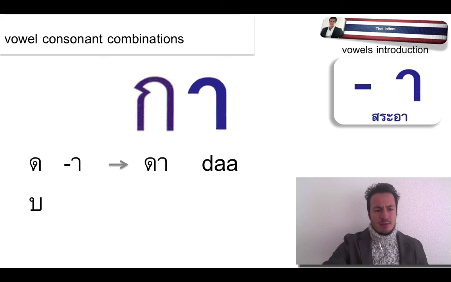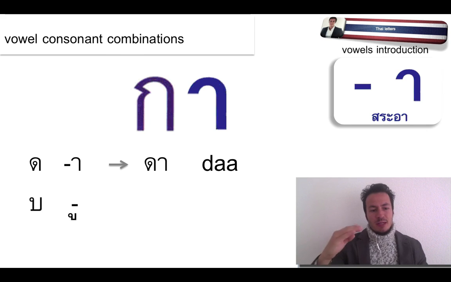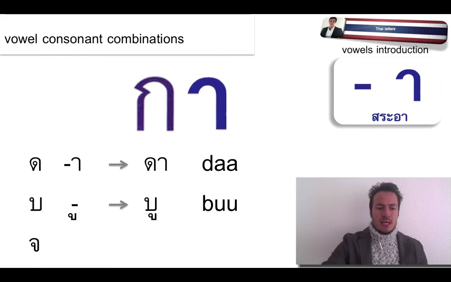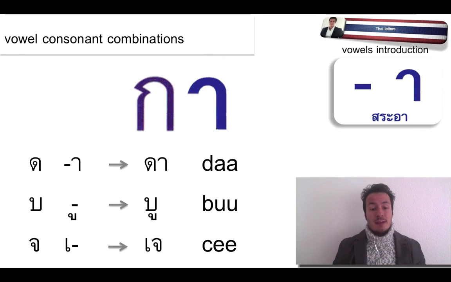Or another example, you can combine another consonant with yet another vowel, which this time is placed below the consonant, and end up with this syllable. Or a third example, you could take yet another consonant, combine it with yet another vowel, which this time is placed in front of the consonant, and end up with a syllable like this.